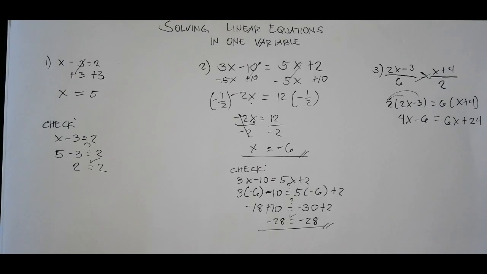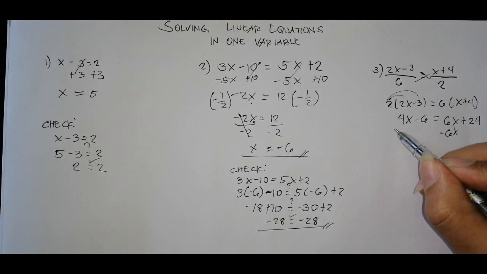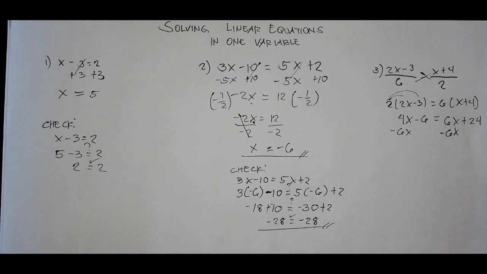Now as you can observe, we have the same situation as in the example number 2. So in that case, I'm going to get rid of 6x here. So I have here minus 6x, and then the same on the other side, minus 6x.